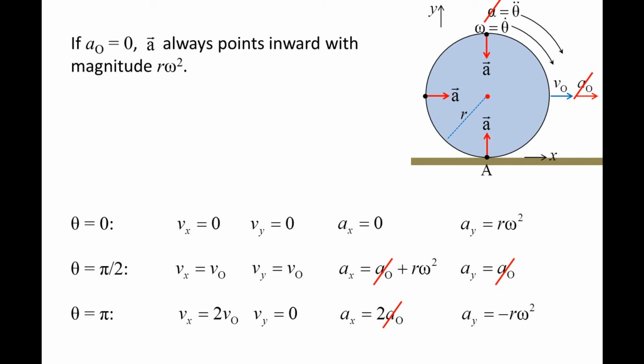If the disk is moving with constant velocity, AO is 0 and the acceleration vector points inward at all points along the edge of the disk. The magnitude of the acceleration is r times omega squared, which is the same acceleration as a particle undergoing centripetal acceleration.